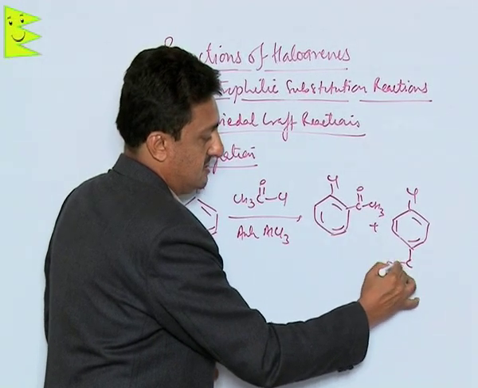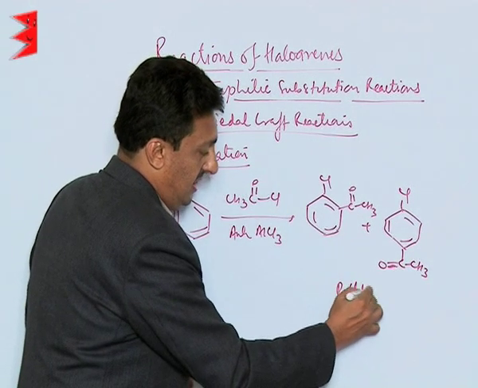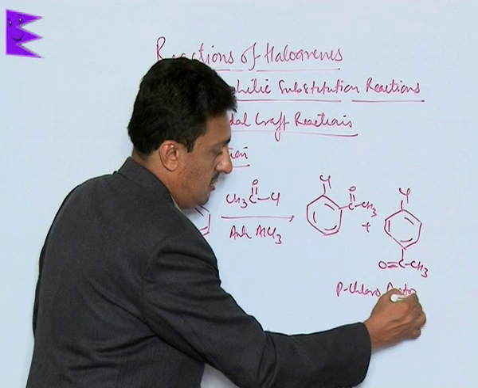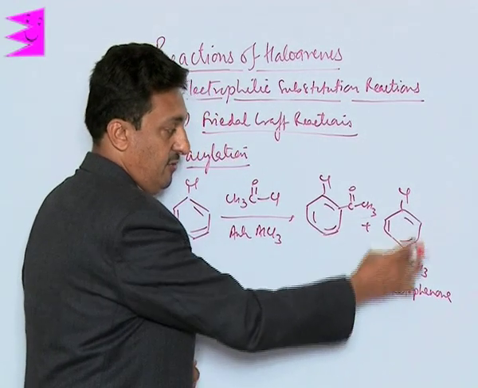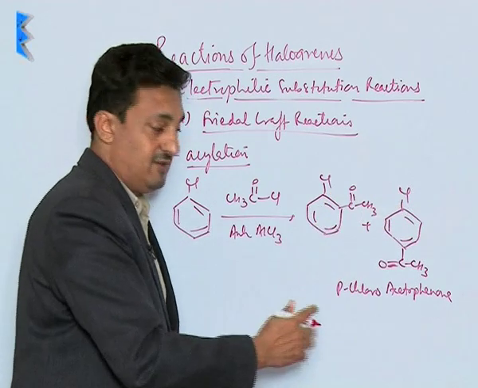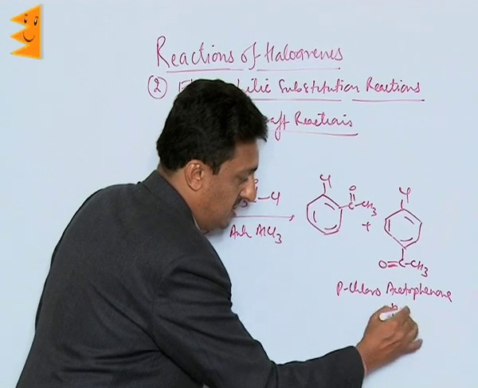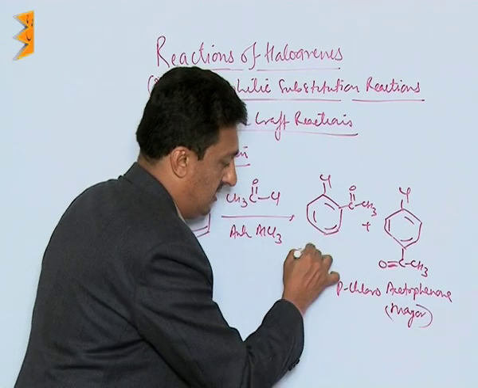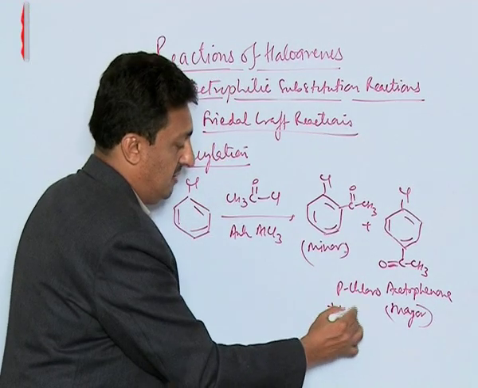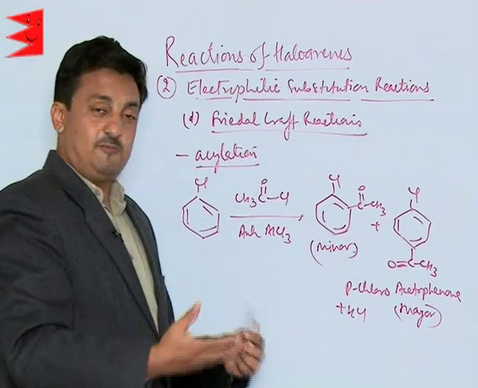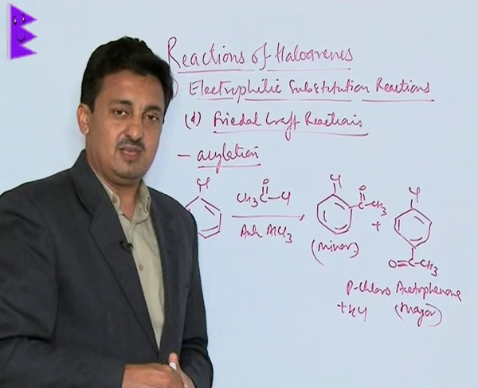It's like this. And what we get is para-chloroacetophenone, because without this chlorine, this compound is called acetophenone. And this one is your major product, and this one is your minor product. Along with this, we get, of course, HCl. So these are the four types of electrophilic substitution reactions we have in this category.